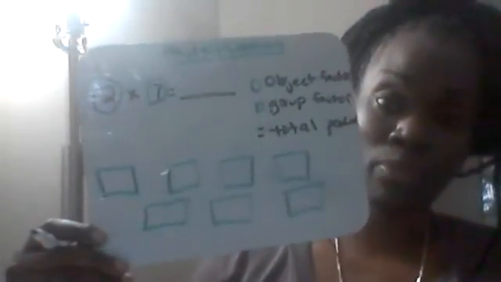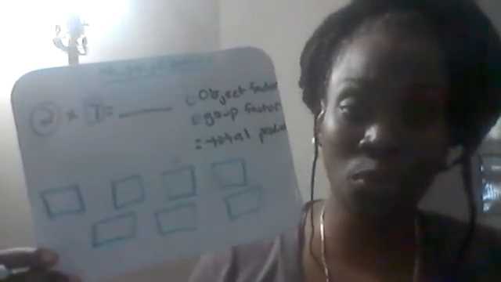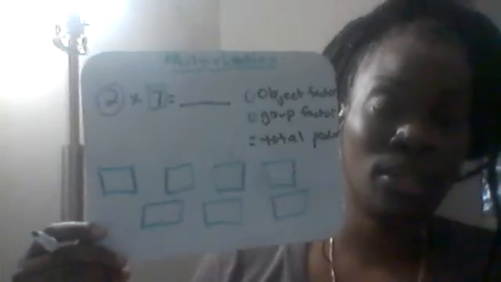Okay, so now we have 7 groups. How many objects do we have in each group? Well, we look at our object factor, and it is a what? It is a 2. Very good. So that means that in each square, we are going to have how many objects? 2. Very, very good.